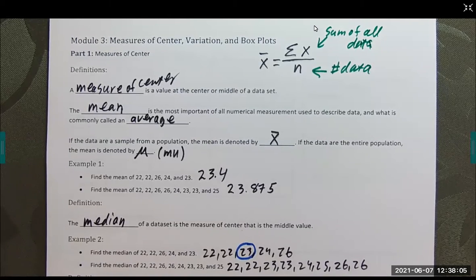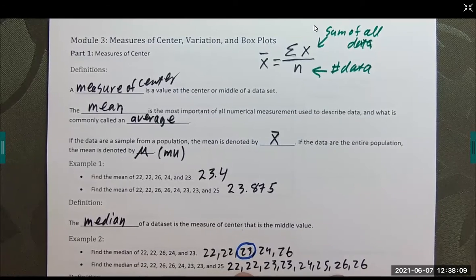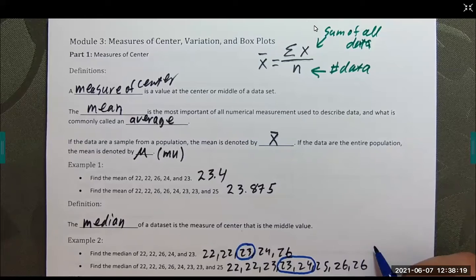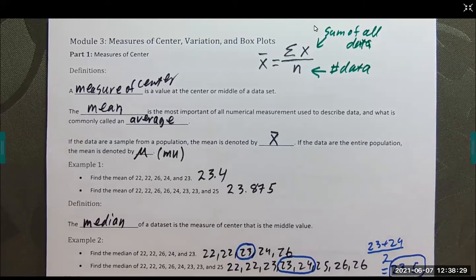Now this one's a little bit different. Go in one, go in one, go in one, and we have two numbers in the middle. When we have two numbers in the middle, we need to find the mean. So the median in this case is 23.5.